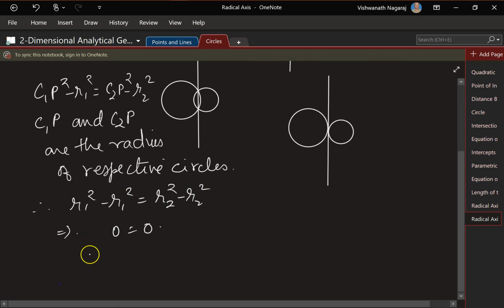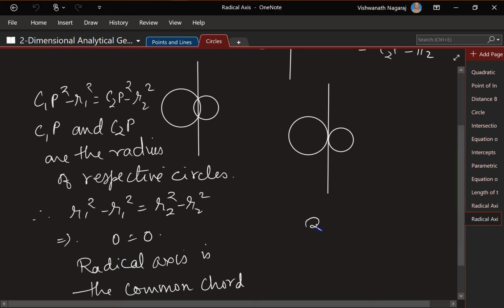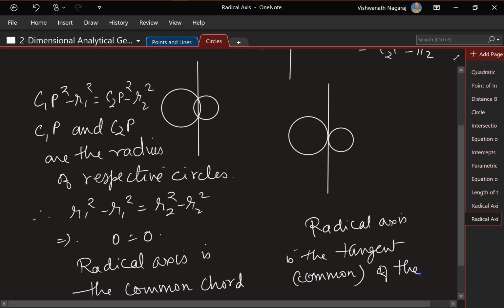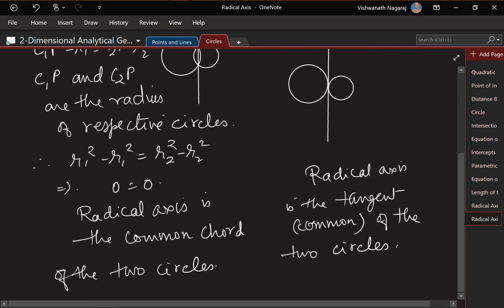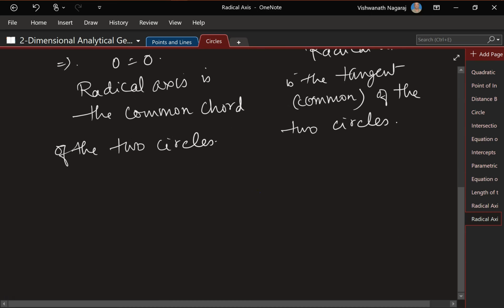So which means the radical axis is the common chord of the two circles, and in the touching case the radical axis is the common tangent of the two circles. Okay, now let's look at another interesting aspect.